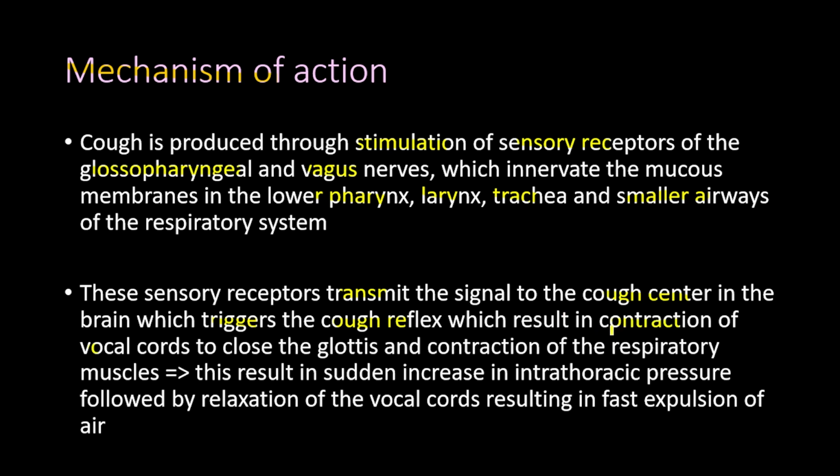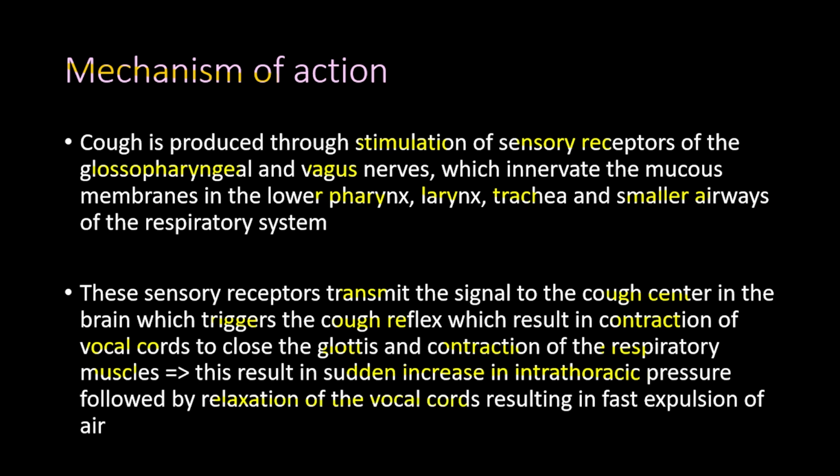Now, the cough reflex results in contraction of the vocal cords to close the glottis, and also the cough reflex triggers the contraction of the respiratory muscles, leading to a sudden increase in the intrathoracic pressure, followed by relaxation of the vocal cords.